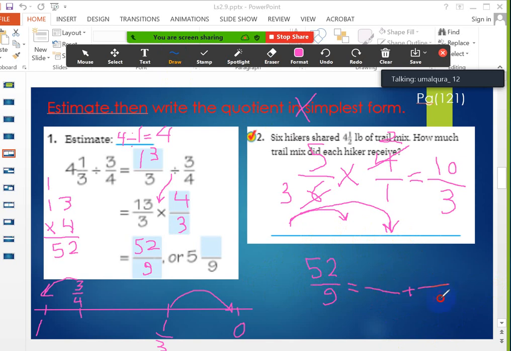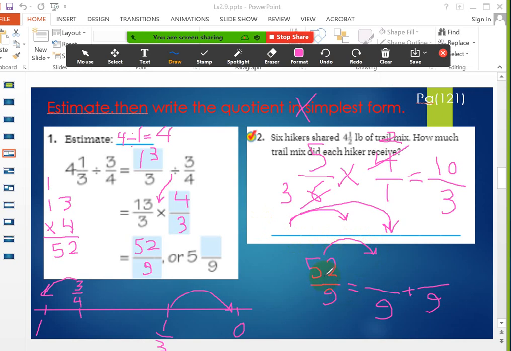The denominator for these two fractions will be 9. So I will break this number and take from 52 the greatest number able to be divided by 9. What is the greatest number able to be divided by 9?